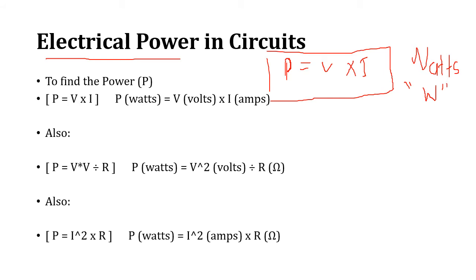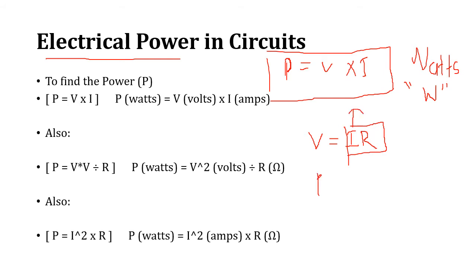From this equation, we can get two more equations by substituting the Ohm's law relationships. For example, Ohm's law says V is equal to I into R. Here I am substituting V as I into R in this equation.